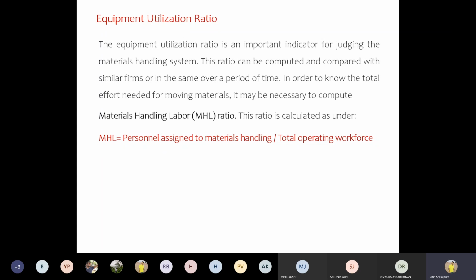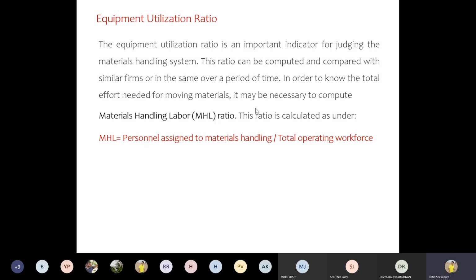It may be necessary to compute the material handling labor ratio. This ratio can be calculated as persons assigned to material handling upon total operating workforce.